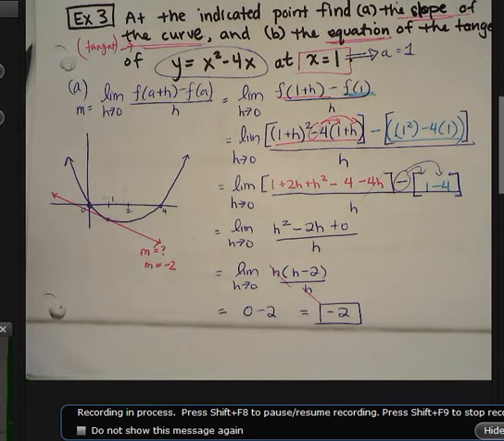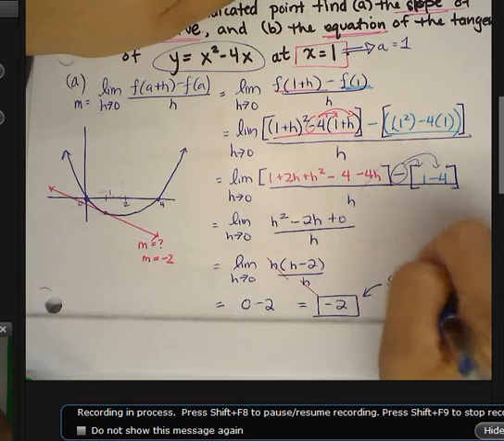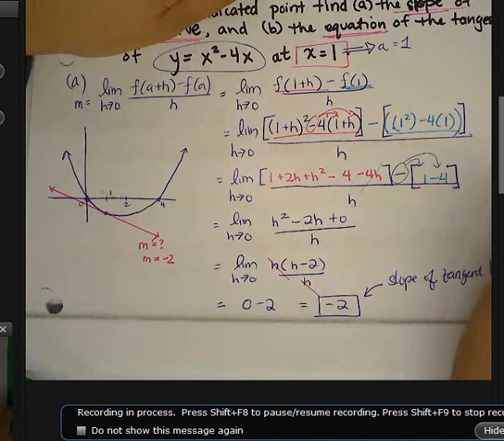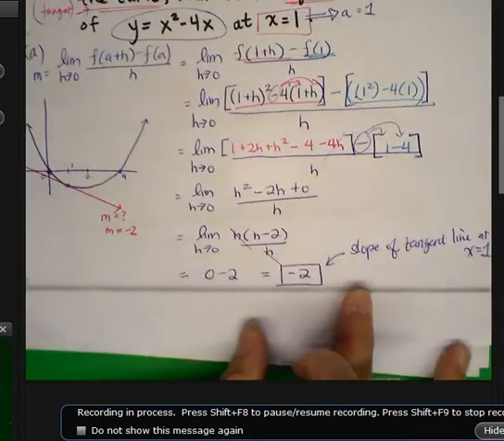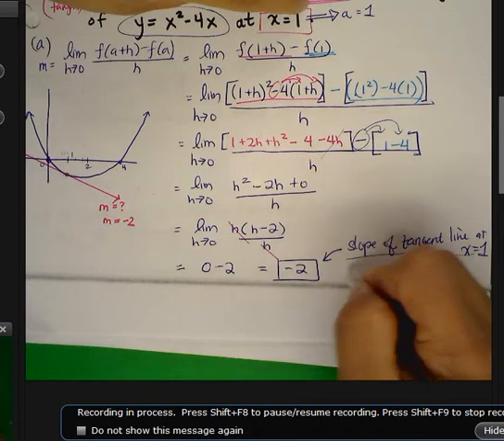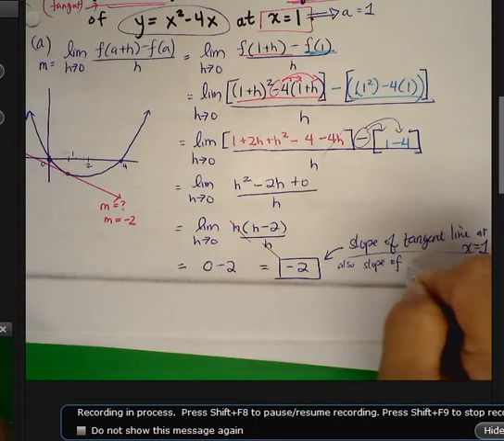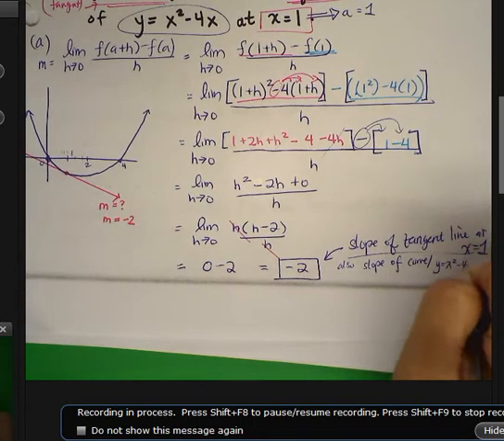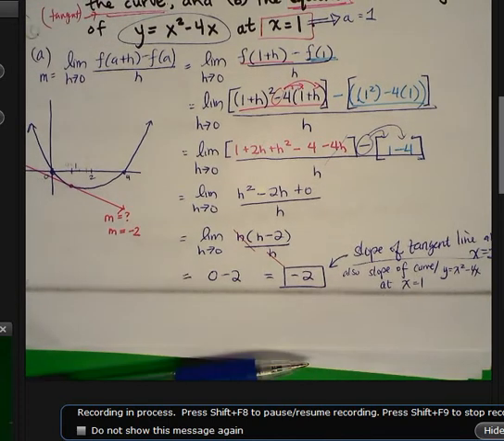This is the slope of the tangent line at x equals 1. It's also called the slope of the curve, or you could call it the slope of x squared minus 4x at x equals 1. So you see how it's the same thing. The slope of the tangent is the slope of the function at that point.